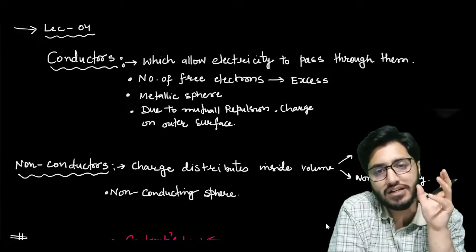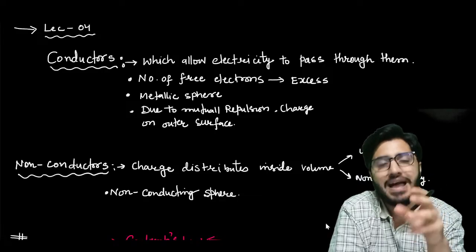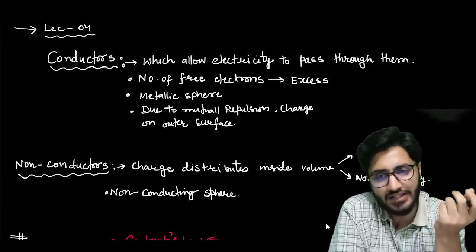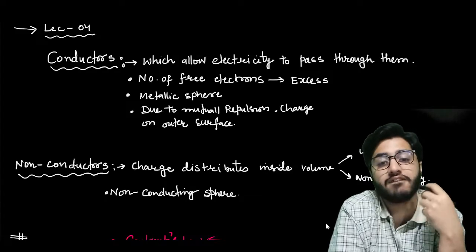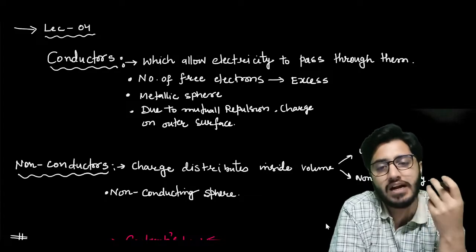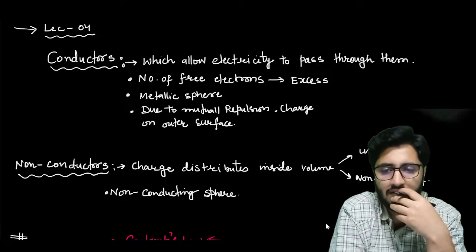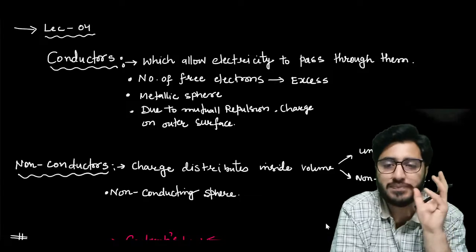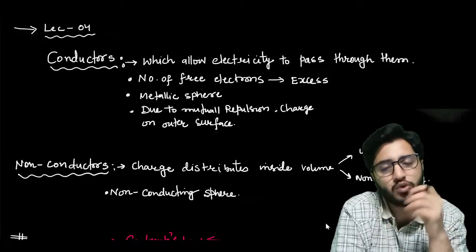So conductors are those materials in which we have the maximum number of free electrons, or they have free electrons in a very abundant quantity. Due to this property, conductors allow electricity to pass through them.